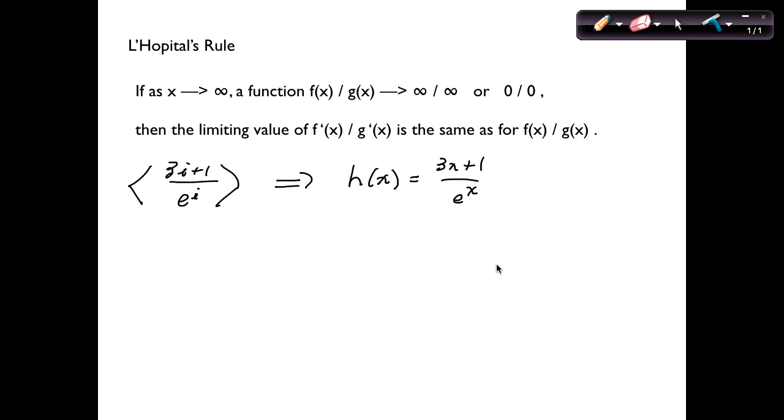And whatever this does as x gets big is going to be the same thing that our sequence does as i gets big. The only difference between these two is that this is only for i equals 1, 2, 3, whereas here x is a member of the real numbers, continuous. But whatever h does in the long run, so will that sequence do in the long run, okay?